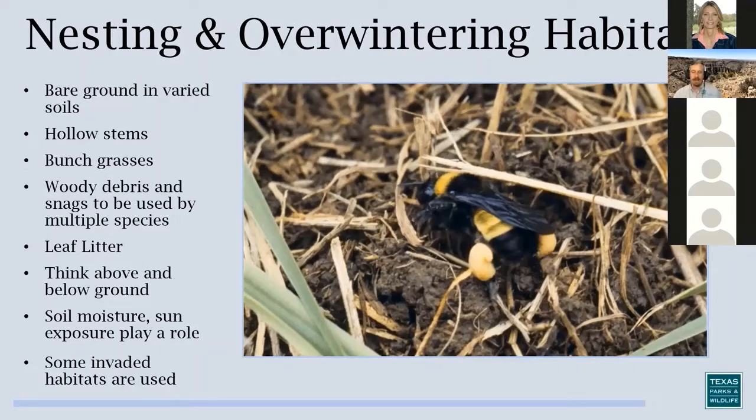So you have some native bees utilizing a resource that's been provided by a non-native species. Some of those stems that are left behind, especially the hollow-stemmed invasive plants, they'll actually utilize if they're available. They're very efficient, and they'll utilize things that are made available to them. So some of those things that are invading habitats can be useful and can be utilized.